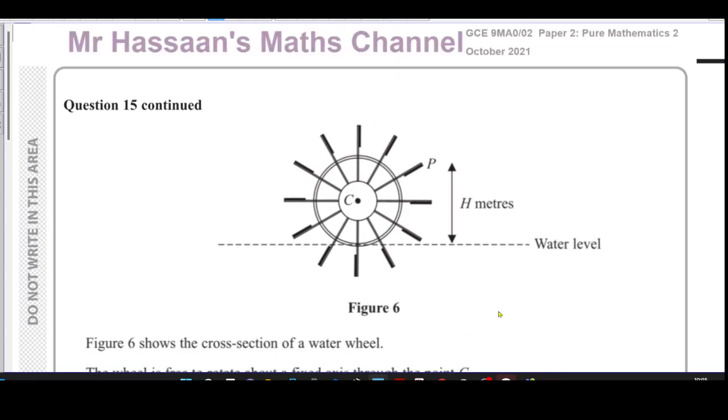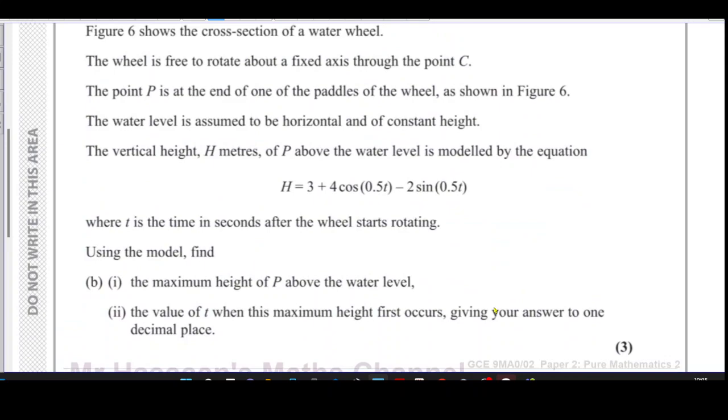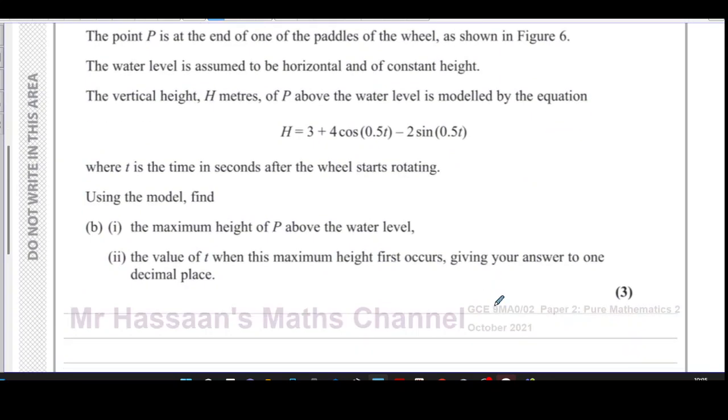All right, so now, what we just calculated in part A of the question is that we had the equation: 2 cosine theta minus sine theta equals root 5 times cosine of theta plus 0.464. Okay, that's what we just proved.